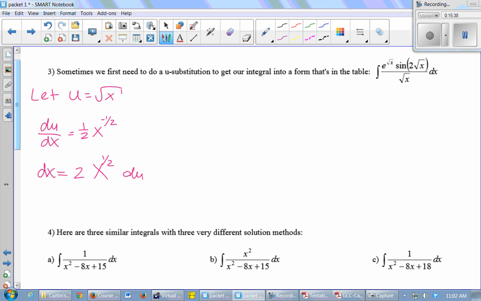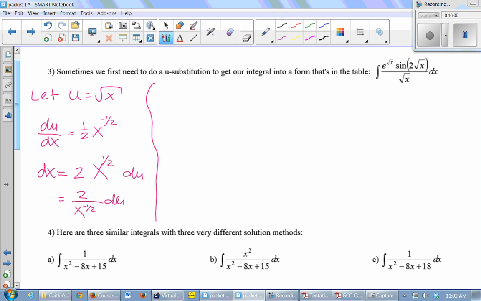So dx is 2x to the 1/2 du. If you did your algebra a little differently and ended up with 2 over x to the negative 1/2 du, it's fine. We're just going to end up doing some simplifying, and I was just looking ahead a little bit. That's why I wrote it like that.